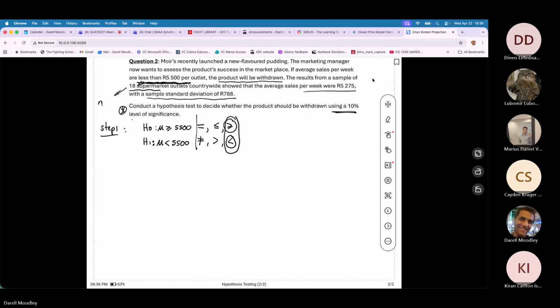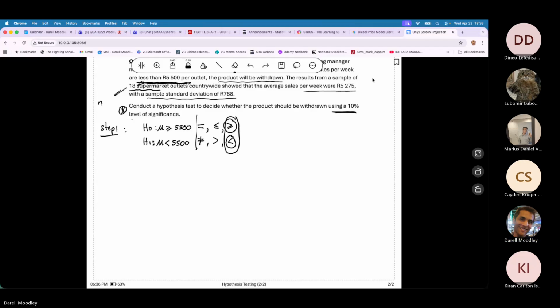Now, if you read the text, what we're trying to decide is if the sales are less than 5,500, then we are going to pull the product or withdraw it. So that means if we end up accepting H1, then we need to withdraw the product.